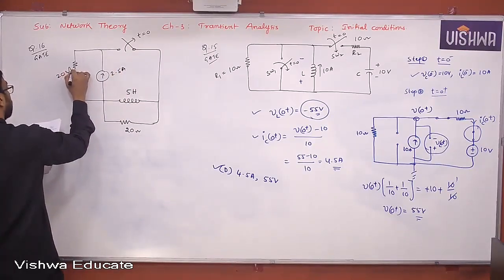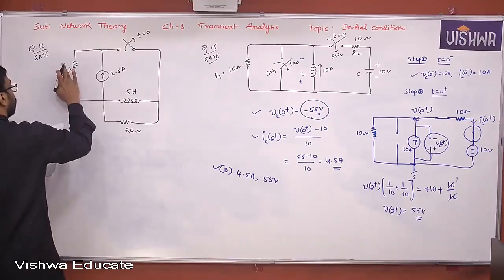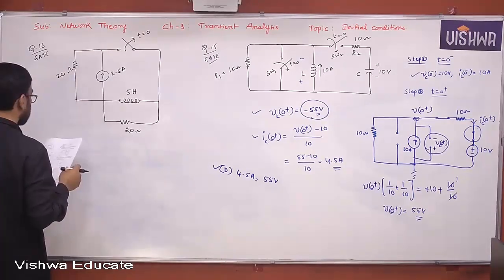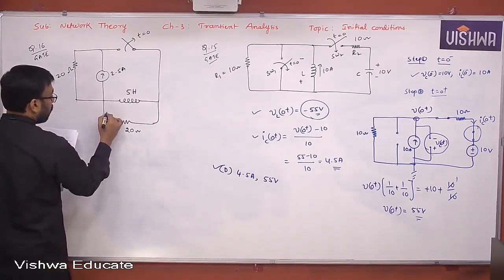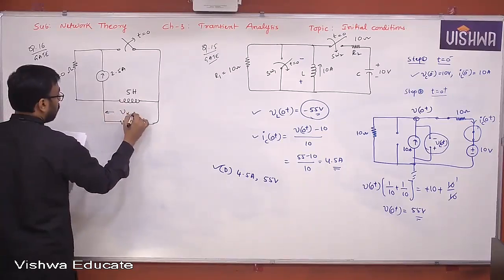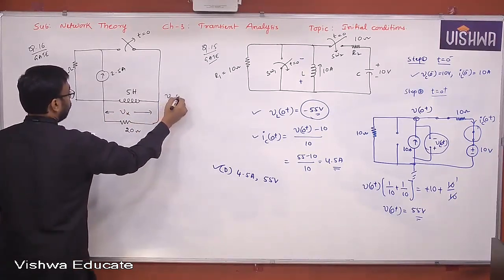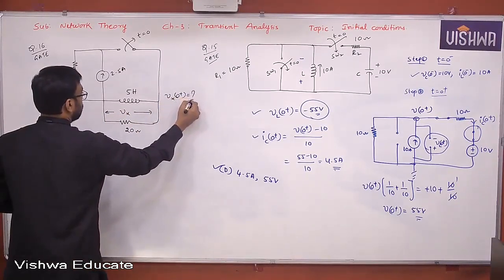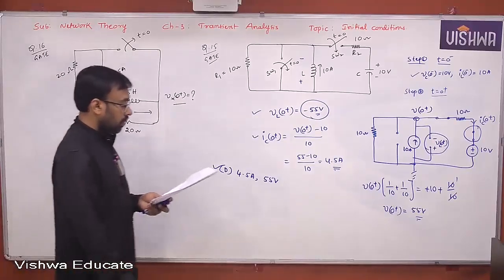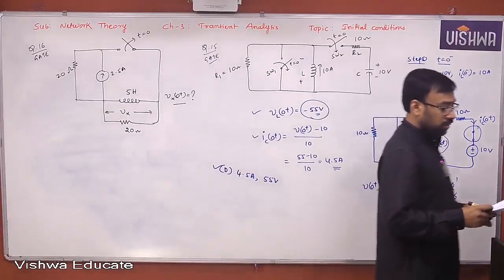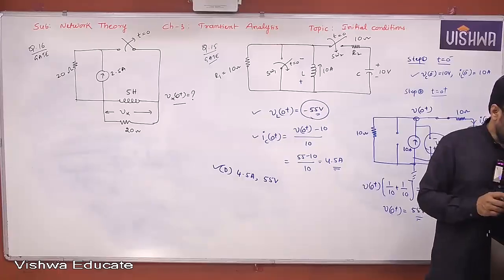It's a very simple network and a very simple problem. It's just asking what is Vx of 0 plus.